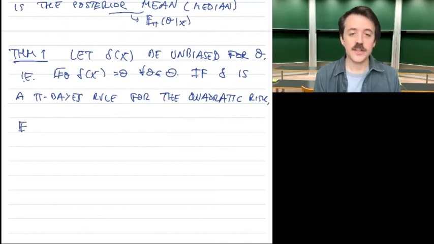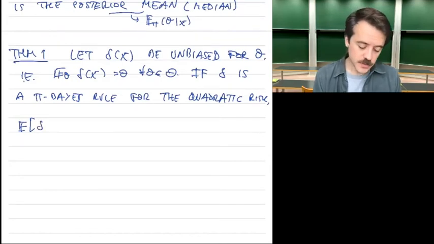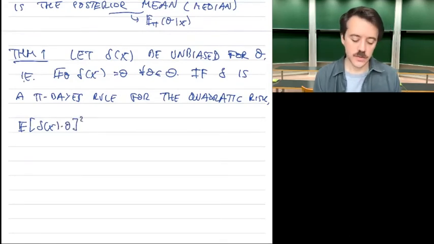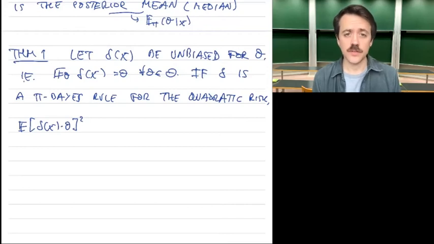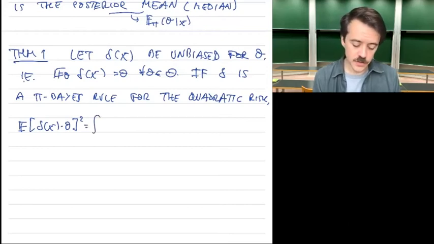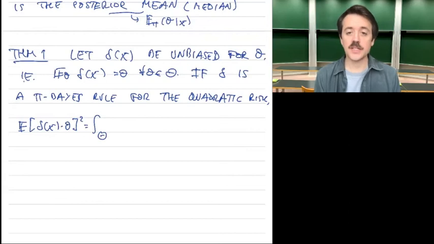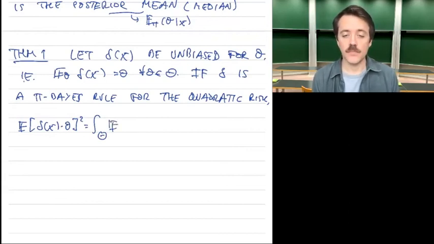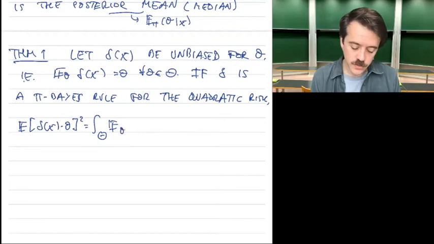Well, we get that the expectation, and this now is with respect to both the data and the parameter, of delta x minus theta squared, which is related to the quadratic risk, is the integral over the parameter space of this quantity.